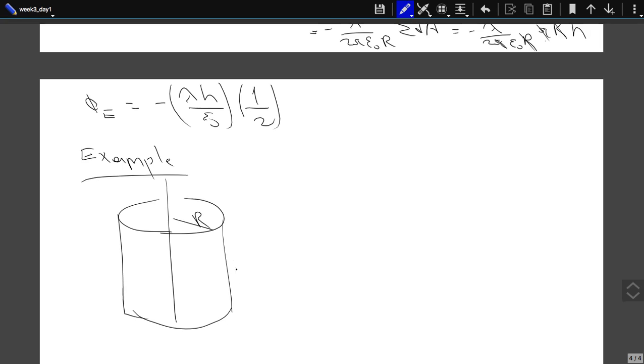This is R, this is H. Let's just choose the direction to be this direction this time, just to be meaner.